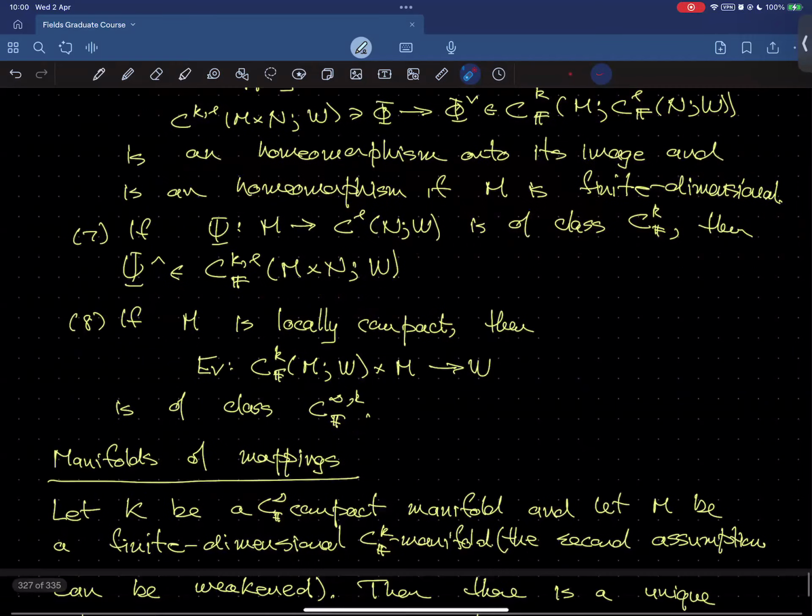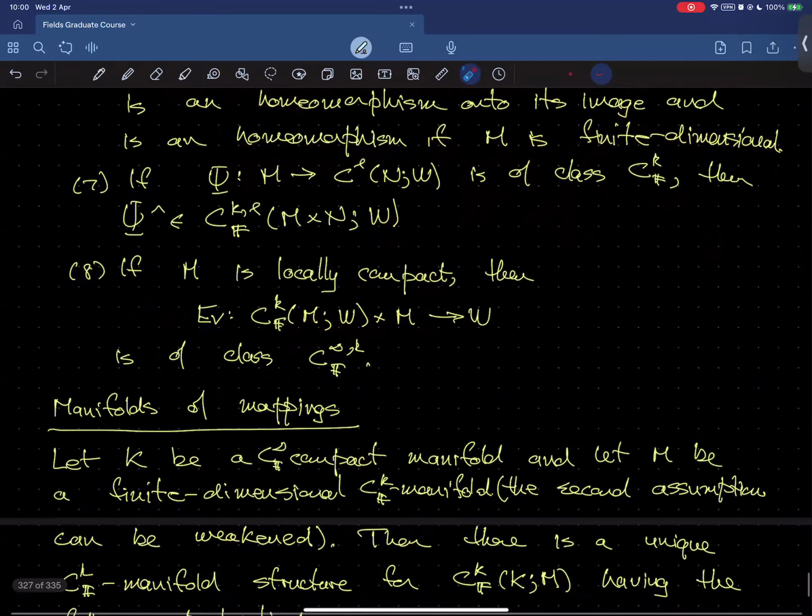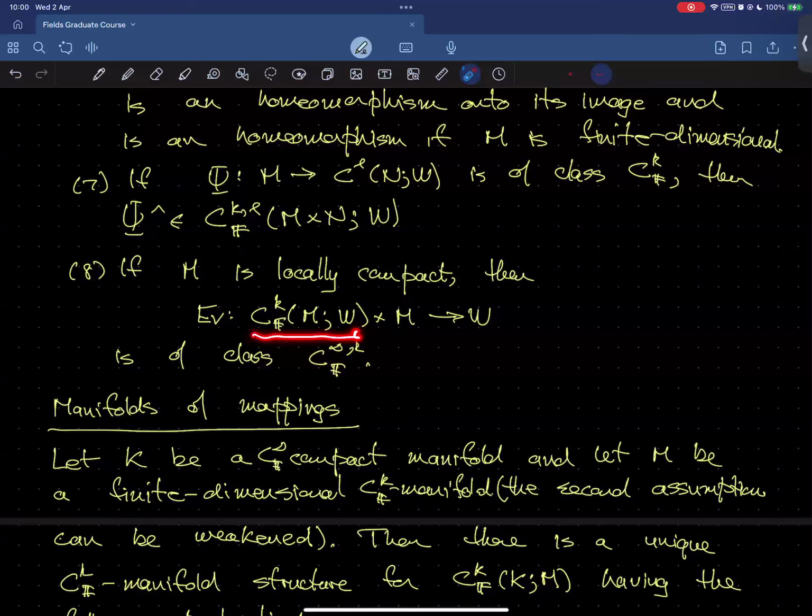All right. And then finally, the evaluation mapping. I'm going to now look at mappings from M into W. That one is a locally convex space. And so I have a mapping defined on a product here, where the first argument is a locally convex space. And this one, it turns out, is of class C infinity in the first argument and CK overall.